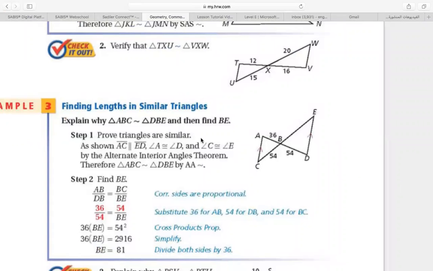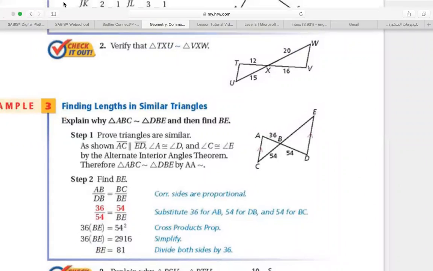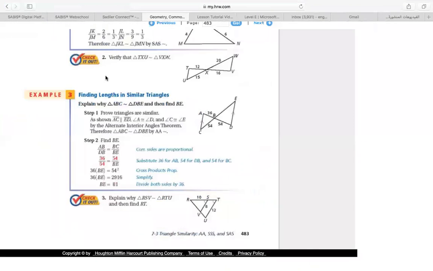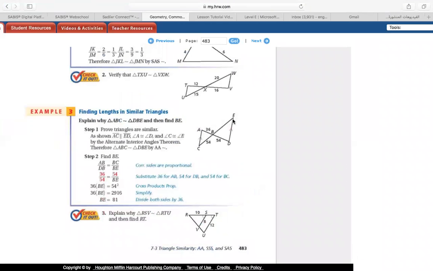BBC, DBE. Okay, as it is given here, angle A is congruent to angle B, congruent to angle C. So the two triangles are similar.